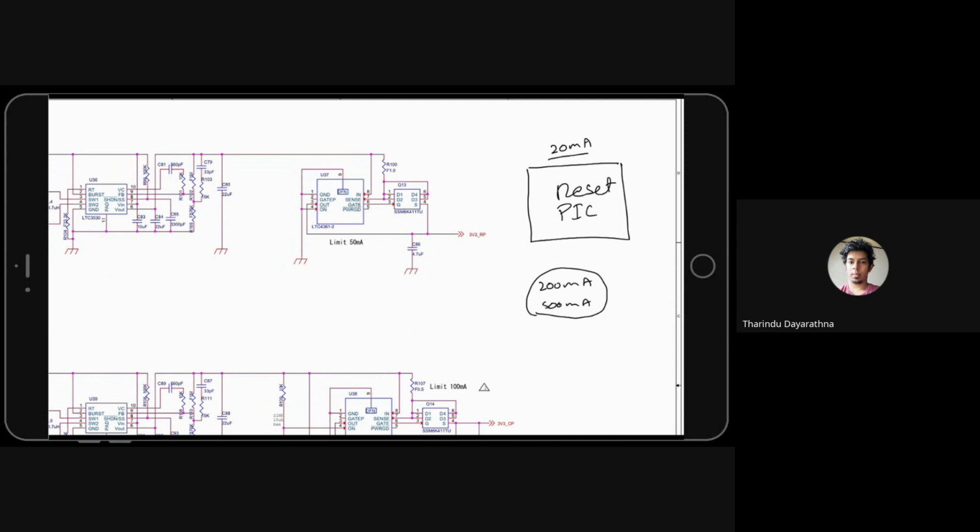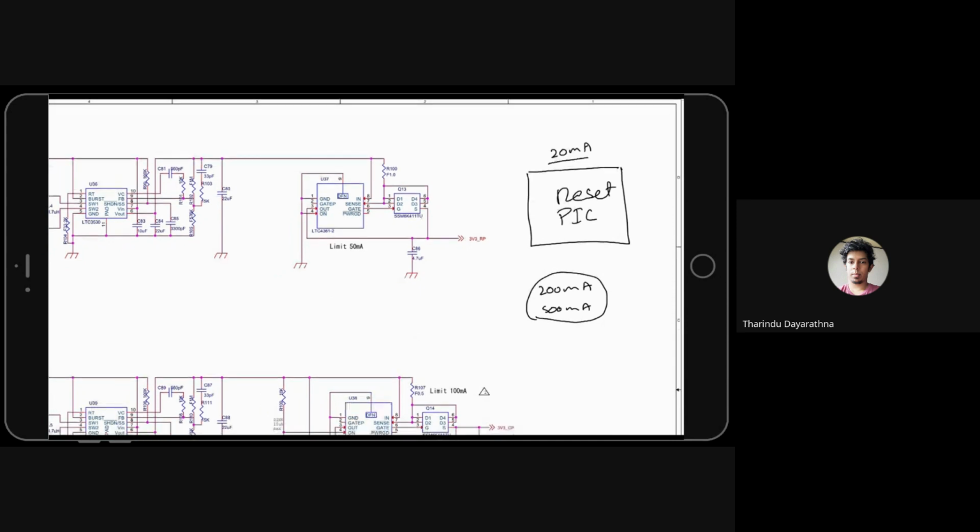In space, you must not set this one to 1 ampere or something. If that is the case, if the single event happens, your reset peak will be destroyed. Then your entire satellite will be gone. Okay, you have to remember that one. You should not exceed this one. You have to remember reset peak OCP settings.